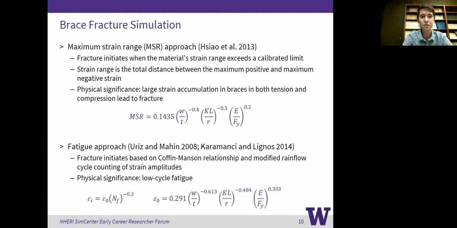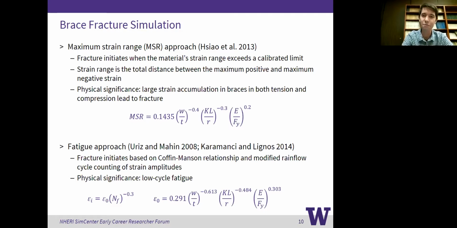But this was developed with a physical significance focusing on that plastic hinge region in the brace, noting that in both compression and tension, the strains are accumulating in that region where we have local cupping if we have a square HSS brace. And so in OpenSees, we look at a strain measure that's not exactly real because we're not modeling the local cupping deformation.